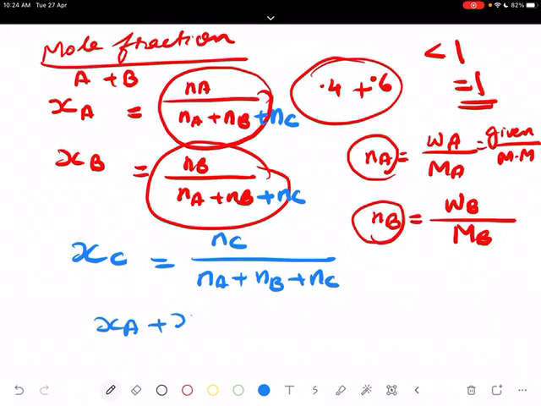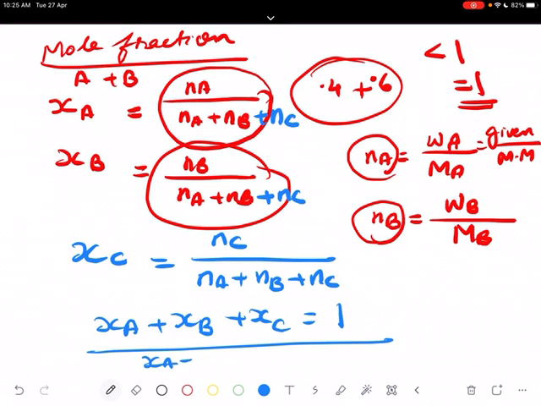Xa plus Xb plus Xc is equal to 1. If there are i components, that is Xa plus Xb plus Xc plus etc. up to Xi is equal to 1. So the sum of the mole fractions of all the components in a solution is unity.